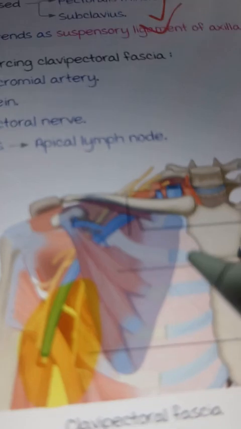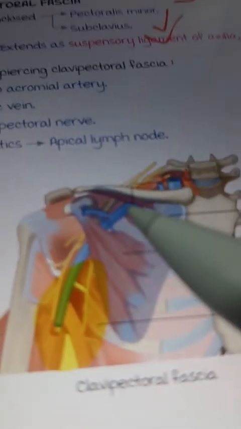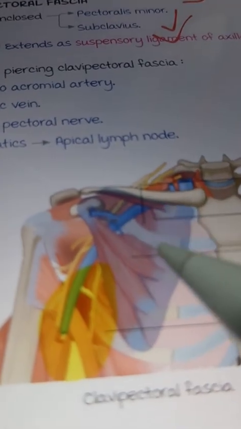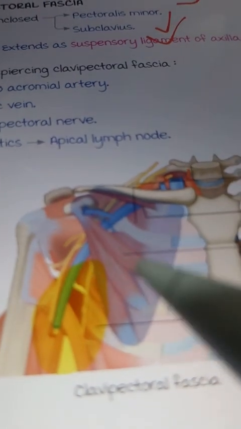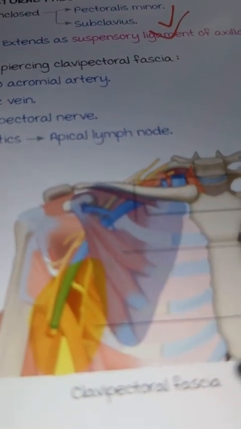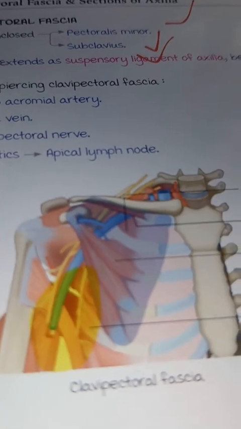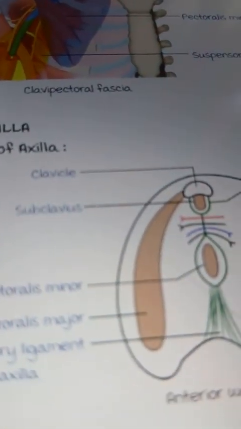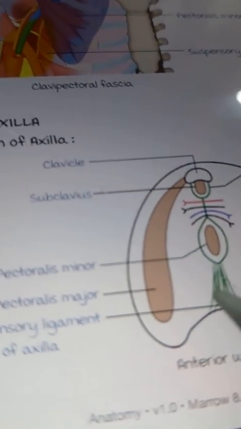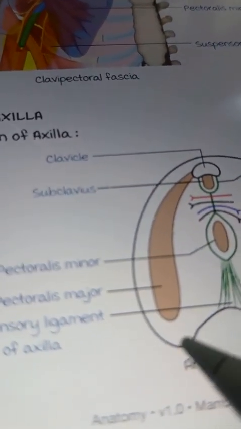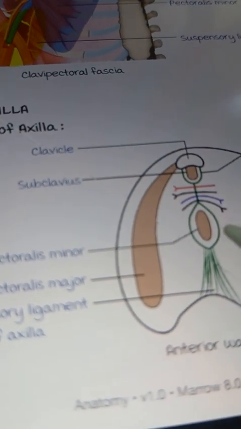You can see the subclavius muscle and the pectoralis minor, and the contents are the thoracoacromial artery. See this: here you can see the subclavius muscle and the clavicle, and that's the pectoralis major muscle and pectoralis minor muscle.